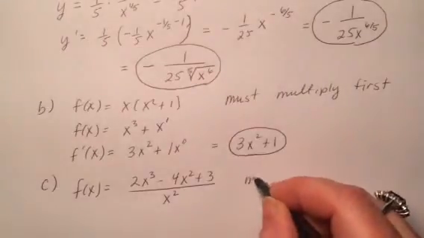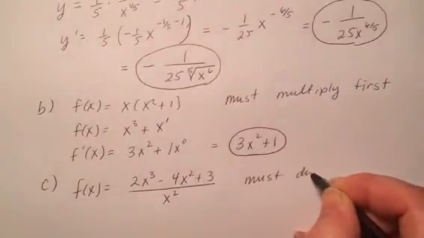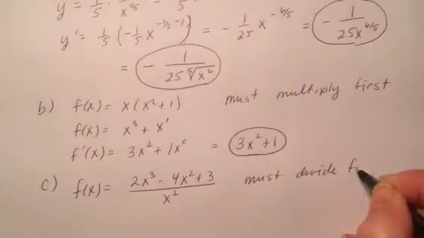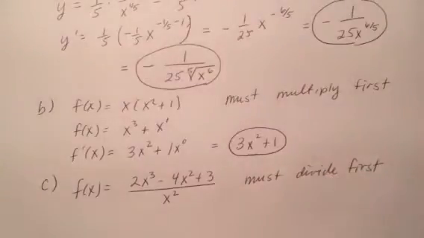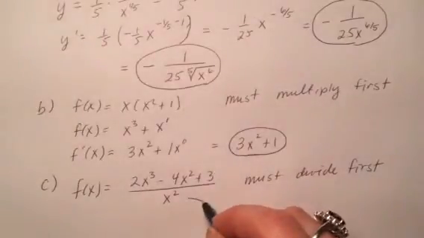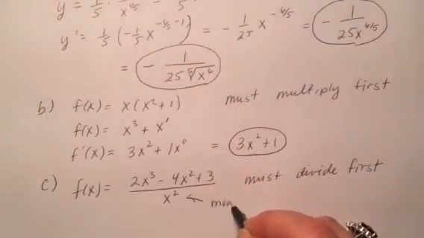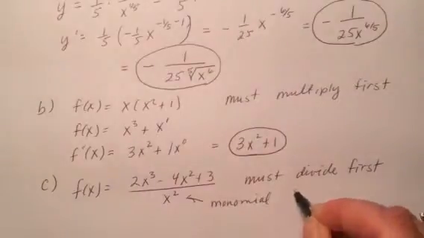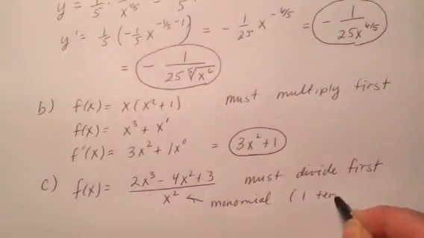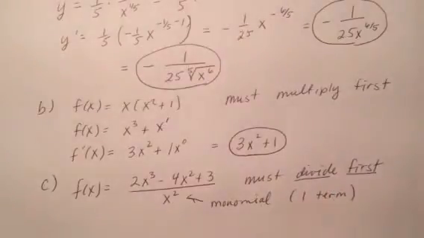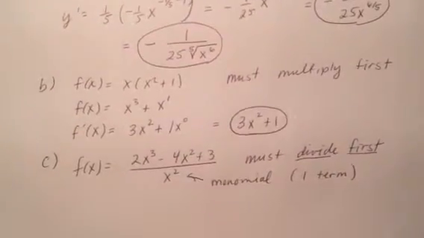In this one, we must divide first. We will have rules later on for products and quotients, but for right now we want to avoid that. And in fact, anytime we have a monomial, which simply means one term, in the bottom, we're going to want to divide first. It always will be easier to do that.